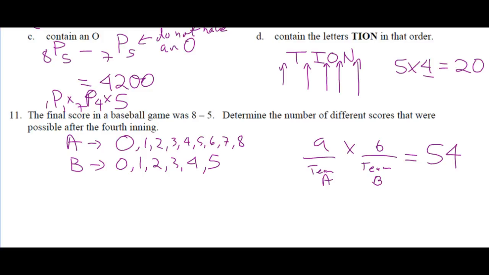For each of these numbers that A has, there are 6 possibilities for B, right? And there are 9 possibilities for A. So for each of the 9 possible scores for A, there are 6 possible scores for B. 9 times 6. Okay, 54. Make sense? Right. So just say, in the middle of the game, you could have scored all your runs, you could have scored none of your runs. Same for the other team.